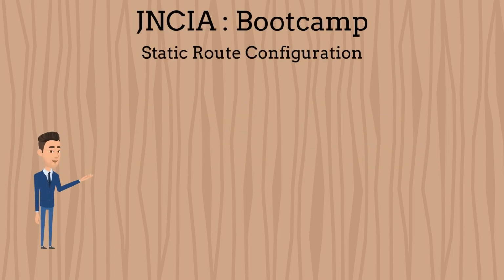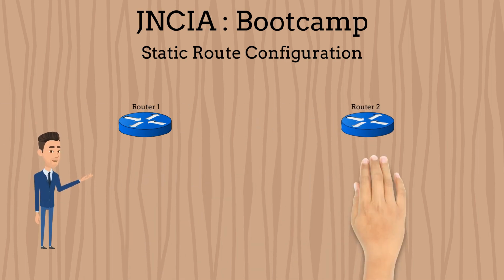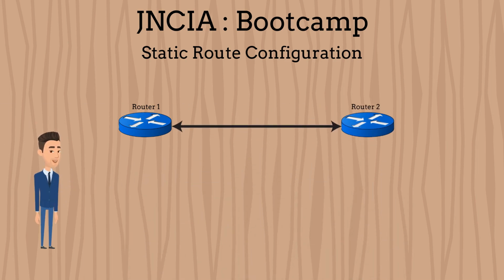Static route configuration. Let's recap our static route configuration again. As we can see above, we have router 1 and we have router 2. Router 1 has an interface with an IP address of 192.168.1.1/24. Router 2 has an interface with an IP address of 192.168.1.2/24.